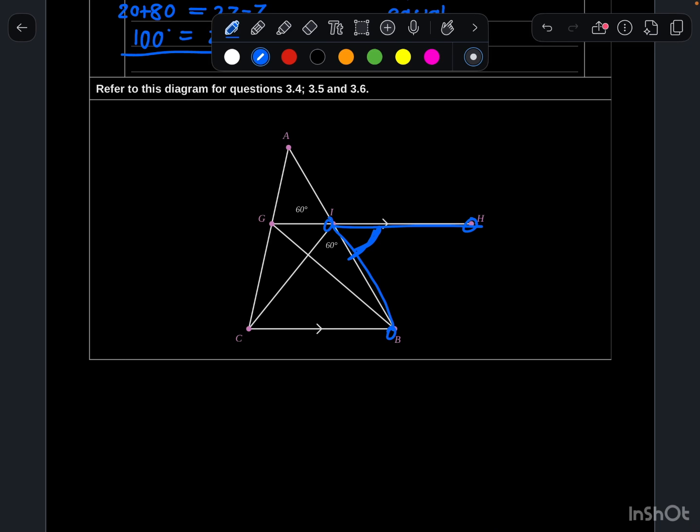Okay, let's have a look at what we do know. So we know what that angle is that we're looking for in there. Let's see what else we can figure out. So we've got some parallel lines. So we can see that with corresponding angles, if we've got that F shape, then this angle in here is equal to this angle in here, which is 60.